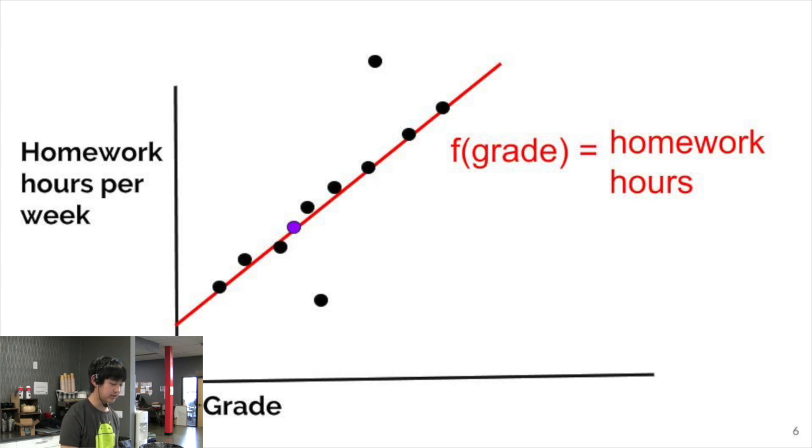Likewise, if someone comes in at this grade level, we'd predict this amount of homework hours per week, and again for this grade level. So the line represents a set of predictions: given the grade, how do we predict their homework hours per week? Cool. So that was linear regression.